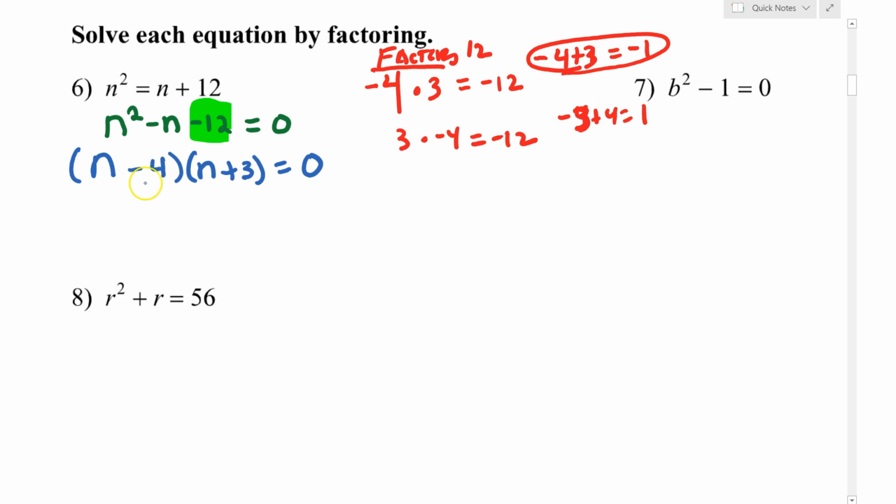So now you have the first factor, n - 4, and the second factor, n + 3, that equals 0. So n - 4 = 0 and n + 3 = 0. Add 4 to both sides, so n = 4. Subtract 3 from both sides, so n = -3.